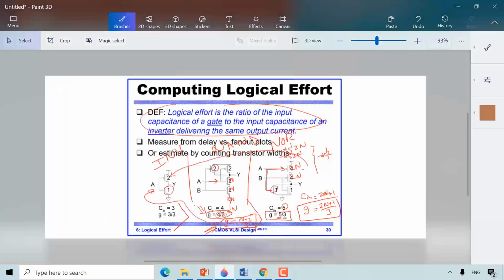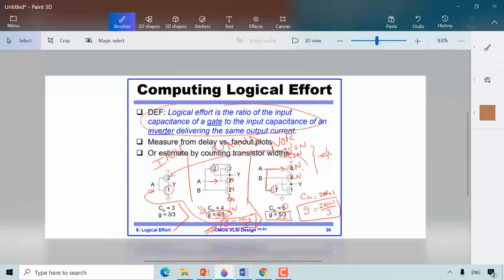But before that, in the previous lecture in slide 30, I might have misspoken in representing the G for the inverter when I compared it with NAND and NOR gate.